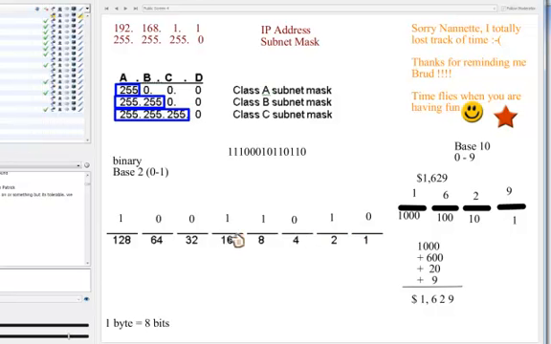Times 2 is 16. 32, 64, 128. They double. So if you can remember 8 bits in a byte, and it starts with 1 on the right, you just have to multiply by 2 because it's base 2, and you should be able to fill in these placeholders at any given time. Does that make sense? Everybody with me?